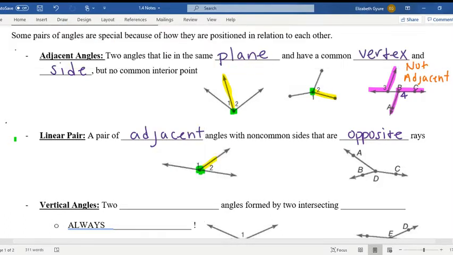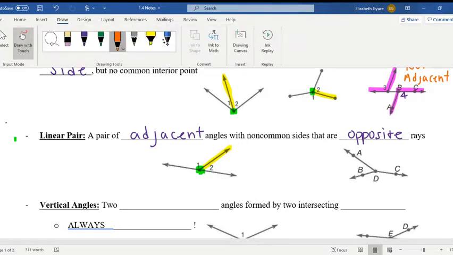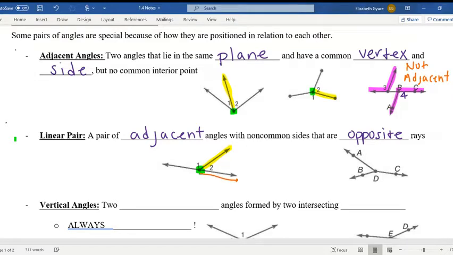They're also going to share a side, which would be this right here. And then their non-common sides, or in other words, the side that's not that shared side that I highlighted in yellow, we're going to have opposite rays, which if you take a look, these two rays down here are definitely opposite. They're going in opposite directions and they share an endpoint. So this is a linear pair.